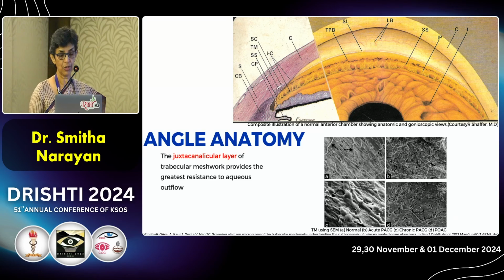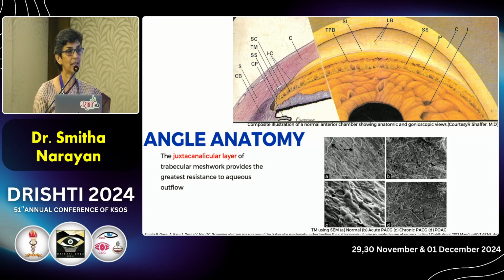The first picture shows the normal trabecular meshwork under the electron microscope. The second picture shows how it appears in an acute attack of angle closure glaucoma, the third is in a chronic case of angle closure glaucoma, and finally how the primary open angle glaucoma trabecular meshwork appears.